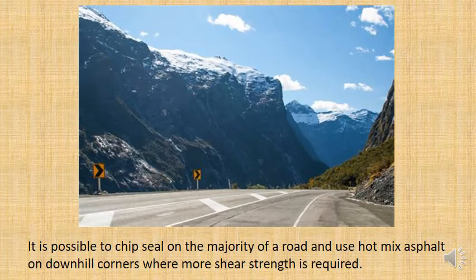So this is a big issue though with chip sealing. You've got all of these roads over sparse population, which makes chip sealing preferable to hot mix asphalt because it's so much cheaper. But the big disadvantage is it has less shear strength. But this is the question: where do you need shear strength?